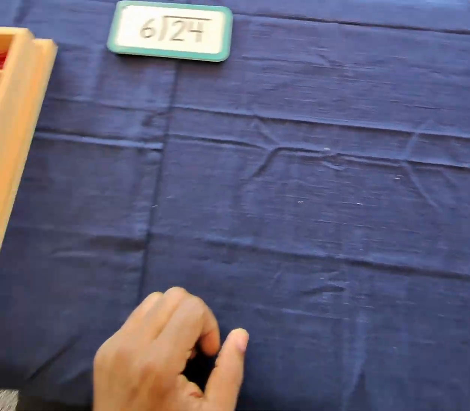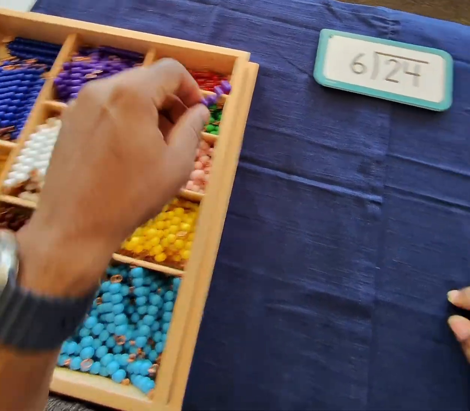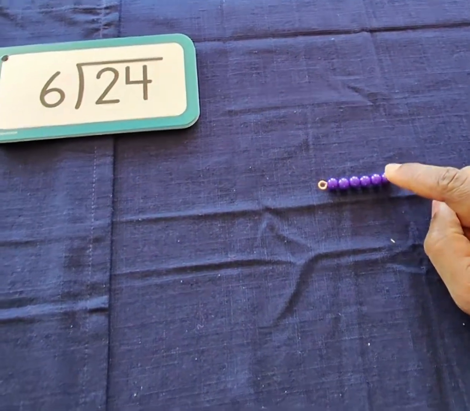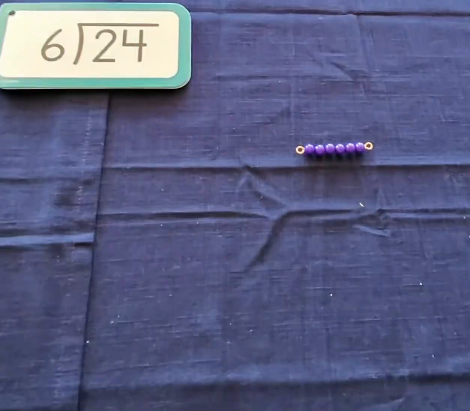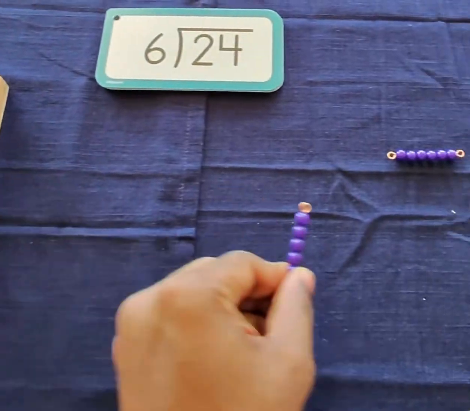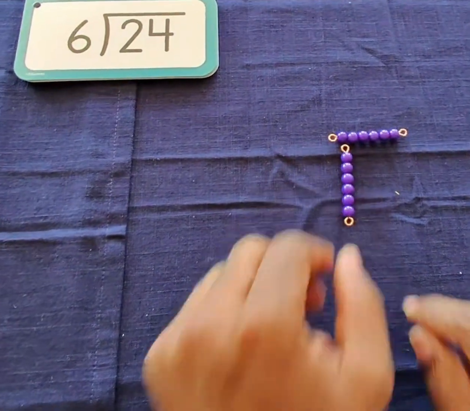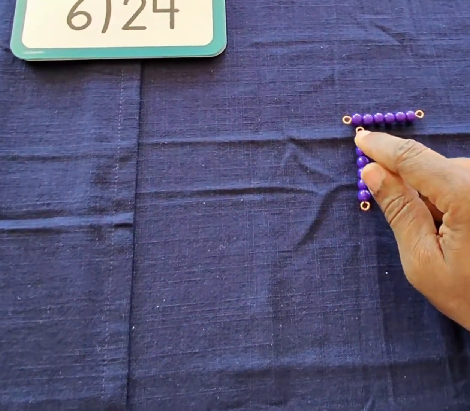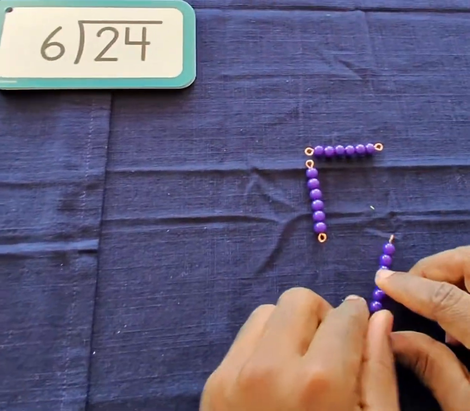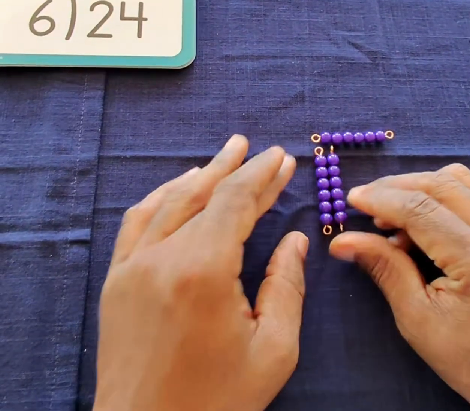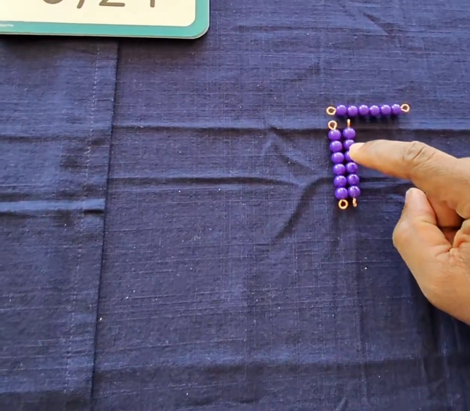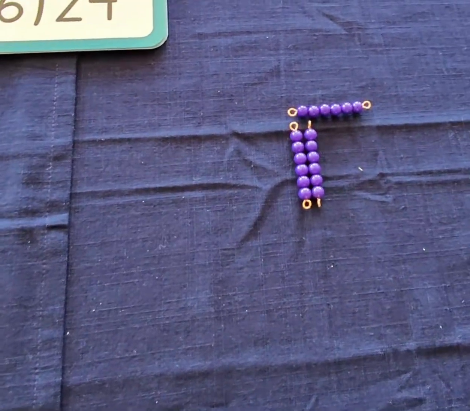So let's go over to our bead cabinet and pick this up. Now, this is our divisor. That's our divisor. So let's go ahead and get 24. Here we go.